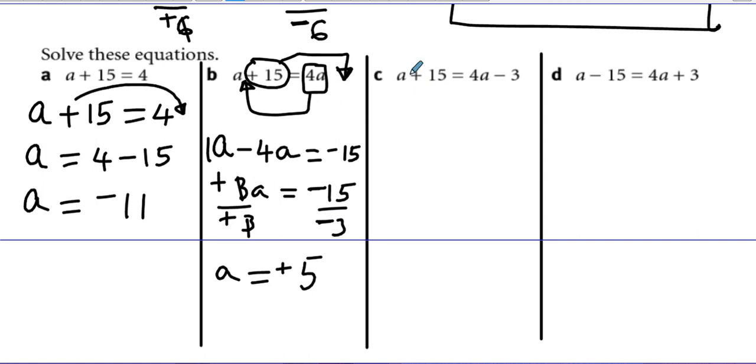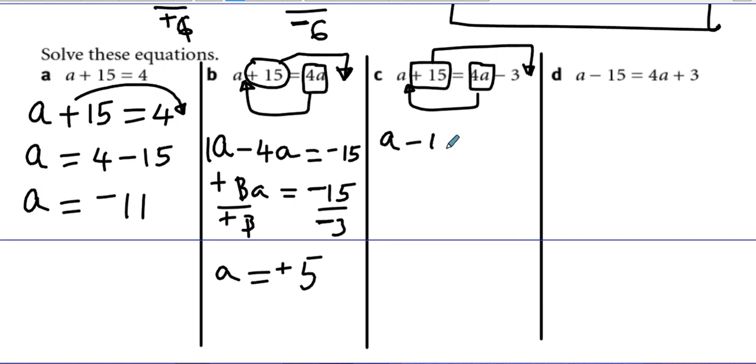Right, let us come to this question here. Take this number with a letter, shift it to the left hand side, and this number here without a letter, shift it to the right hand side. So that will be a minus 4a equals negative 3 minus 15.